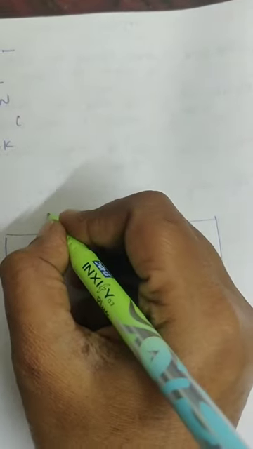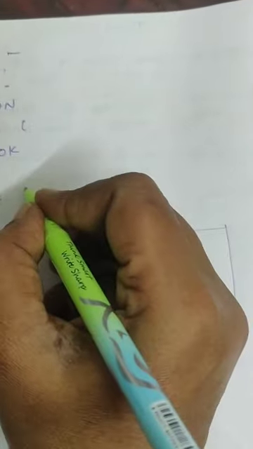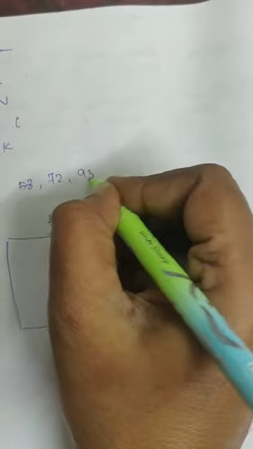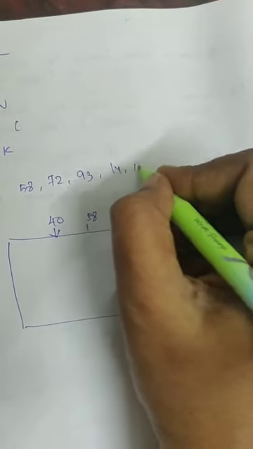Let me do one thing. Let me have a reference string. Say this is the string I have, and my read head is here, say at 40. I need to service 58, 72, 93, 14, and say 103.